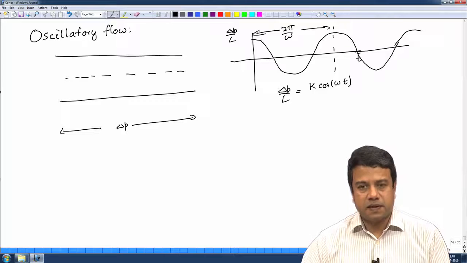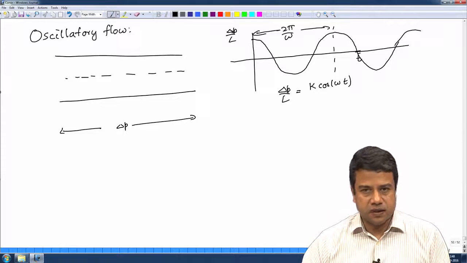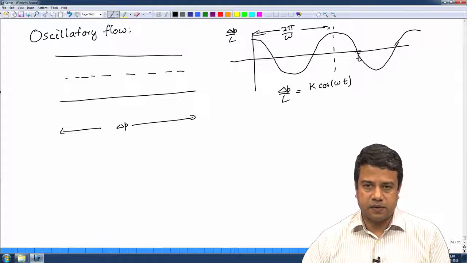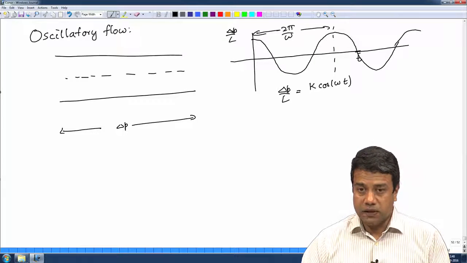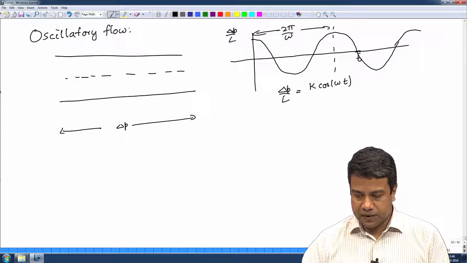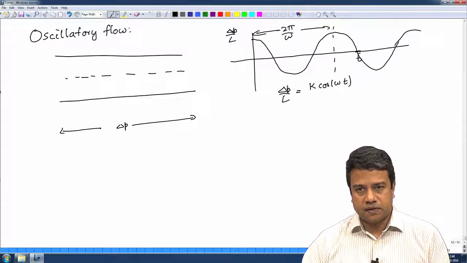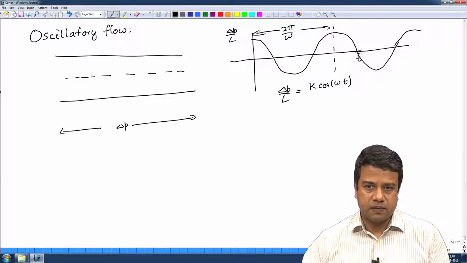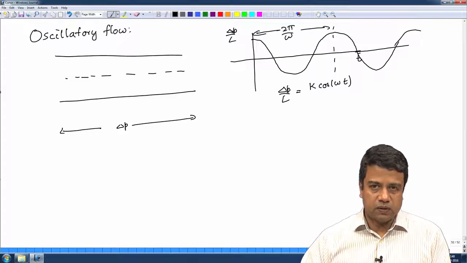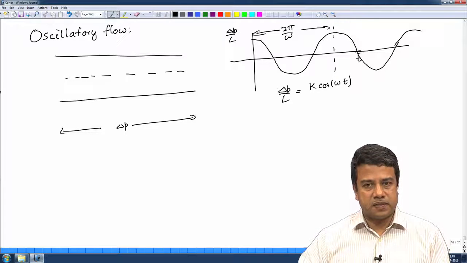So, I am approximating this pressure gradient as a sinusoidal pressure gradient with one frequency. It turns out that you can solve the problem for any general shape, because any waveform we know can be expressed as the sum of sine functions.